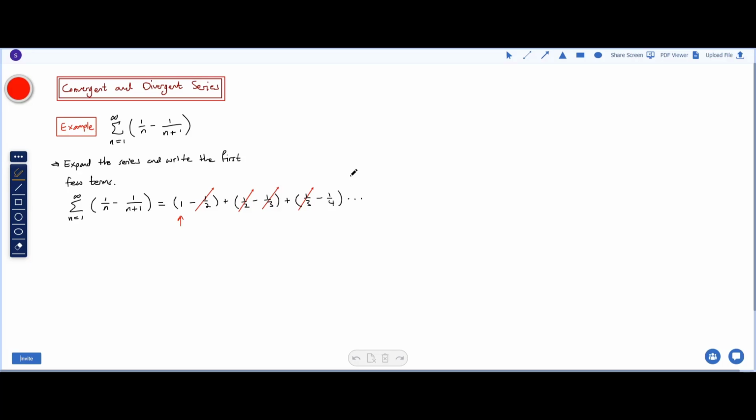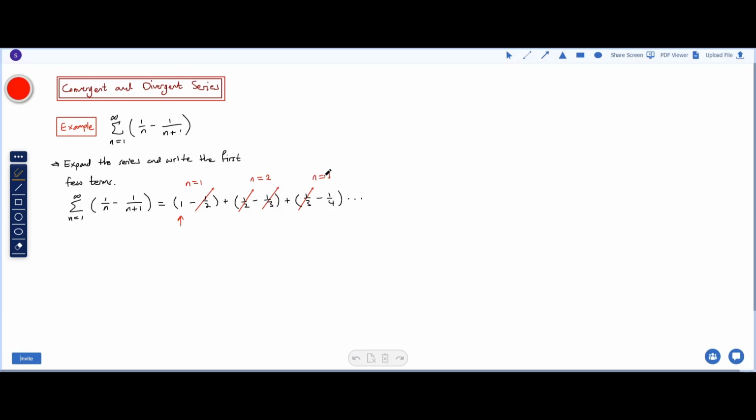But say for example you reached the nth term. This was term number 1, n equals 1, n equals 2, and n equals 3. Say for your partial sum you're only concerned with when n is up to 3.